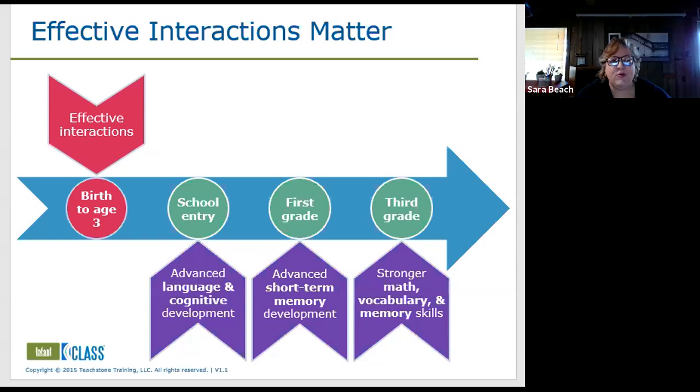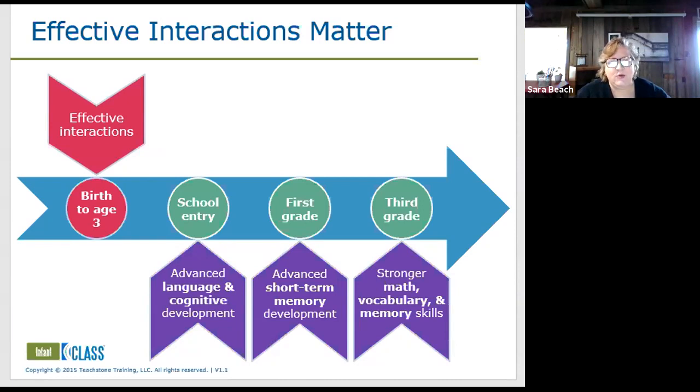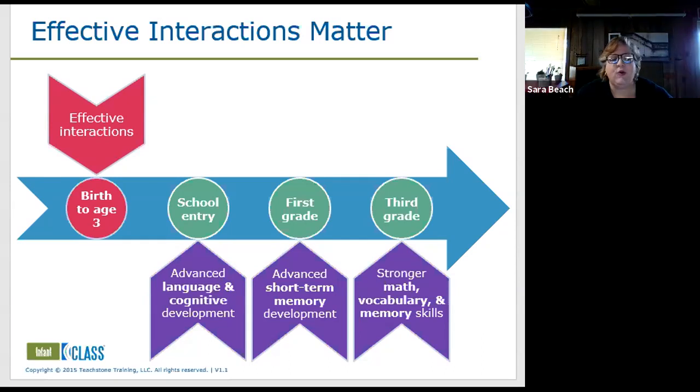All the way up to third grade, they see the impact of highly effective interactions early in 0 to 3 programs and in pre-K programs, leading to better learning outcomes in math, language arts, and social emotional behaviors as late as 3rd grade. And everybody in the education field, the K-12 world, will tell you that if you've got things solid at 3rd grade, at age 8, that is setting a trajectory for their learning through high school and college.